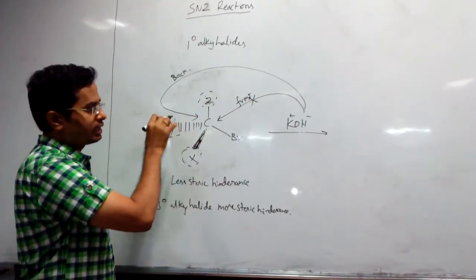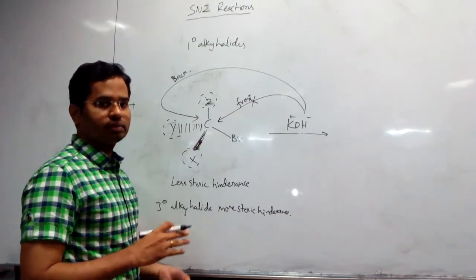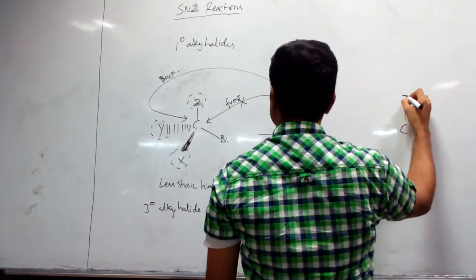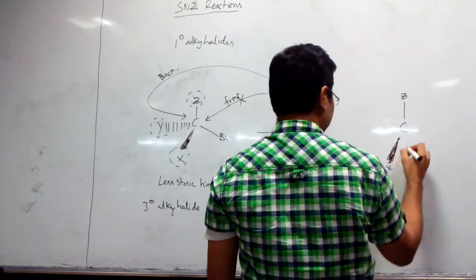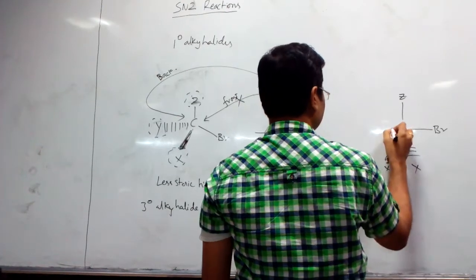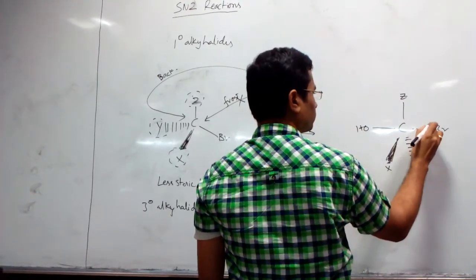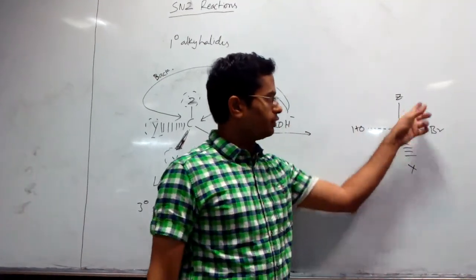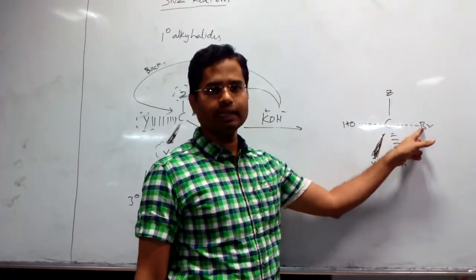When OH minus attacks from the back side, we get a transition state with coordination number 5, with 5 bonds. Here 5 bonds are there, and I have shown these bonds as dotted lines.